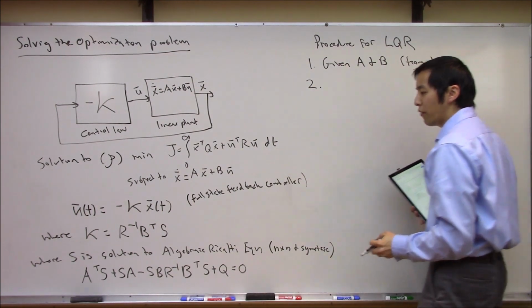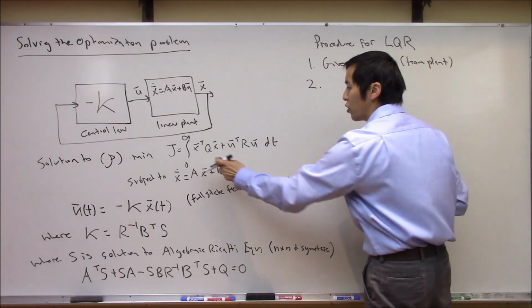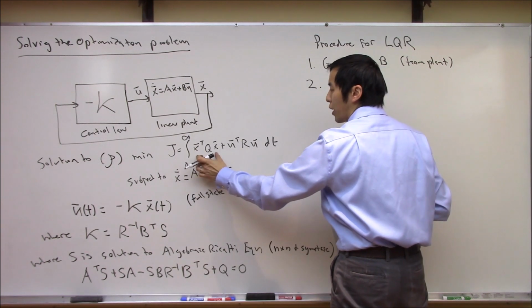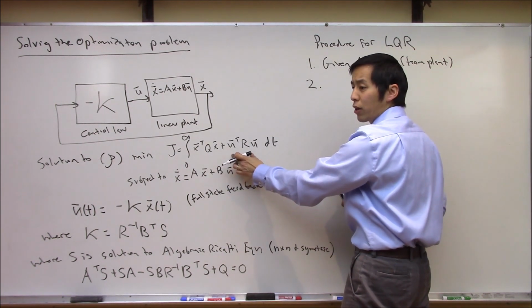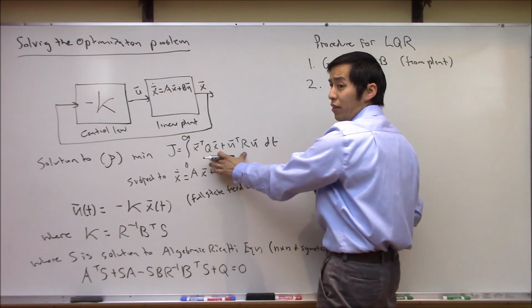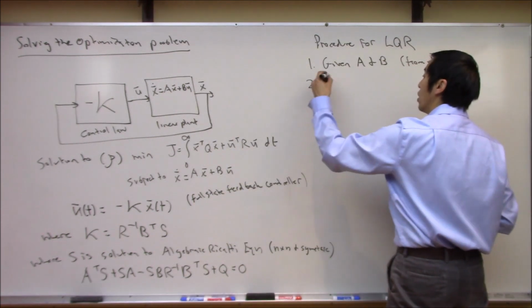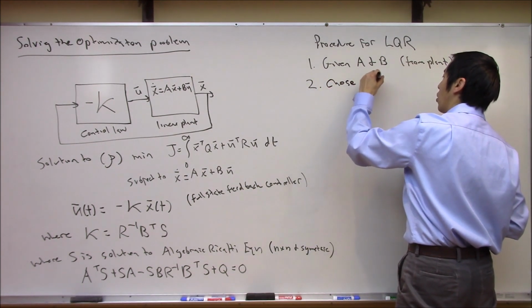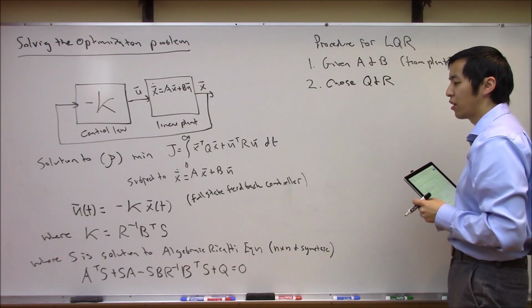The next thing we have to do is pick the Q and the R, because you as a control designer get to choose how much you care about states versus how much you care about control actuation. So you choose the cost function effectively. Step two is choose Q and R. You're basically designing the cost function.